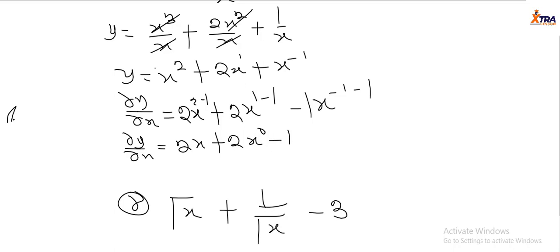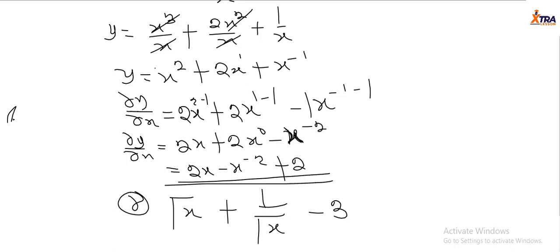Minus 1, which is the same thing as minus x to the power minus 2. So finally we have this equals 2x minus x to the power 2. I just shift this and move this here. We have plus 2.